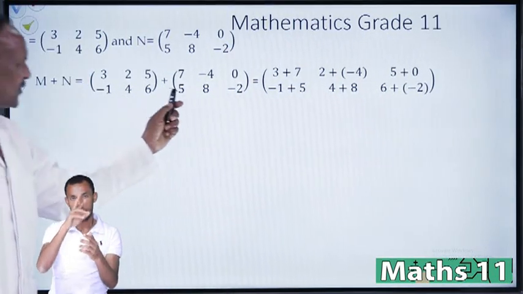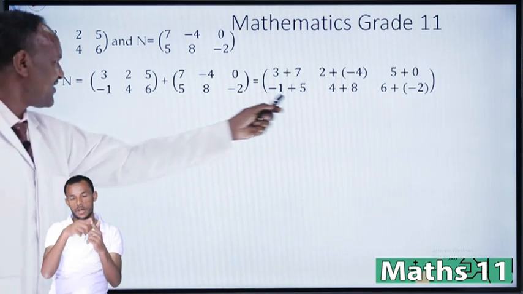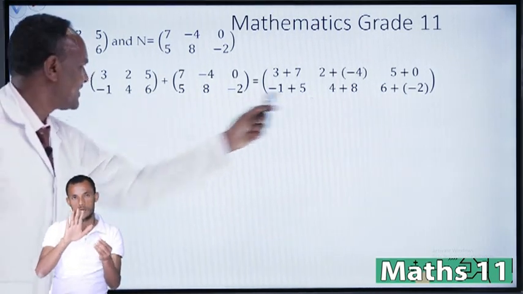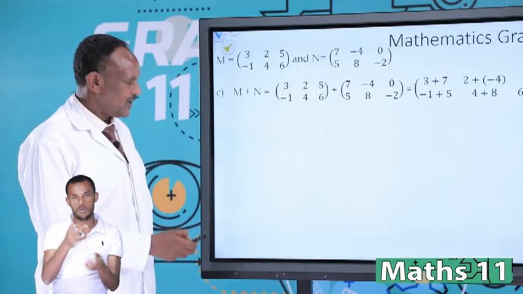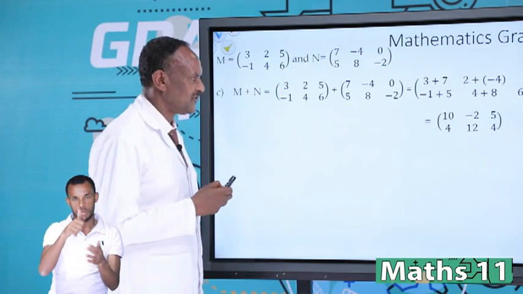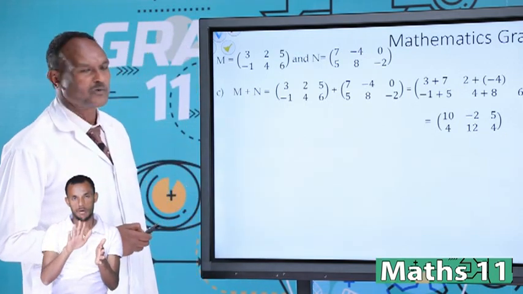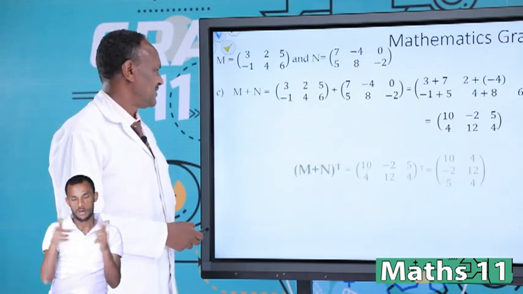Second row with the corresponding elements of the second row of the second matrix: -1 plus 5, 4 plus 8, 6 plus -2. When these two are added up, you will have the result: 10, -2, 5 in the first row, and 4, 12, 4 in the second row. This is the sum of the two.